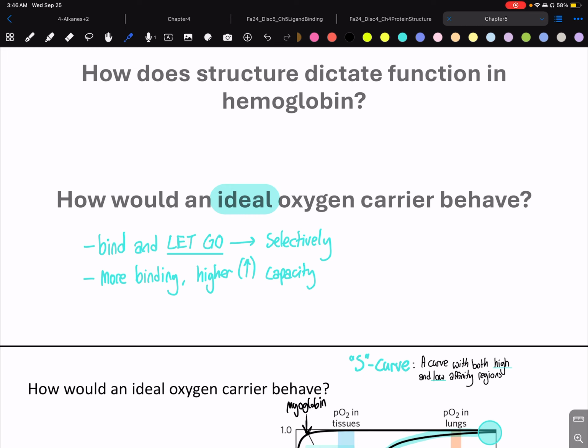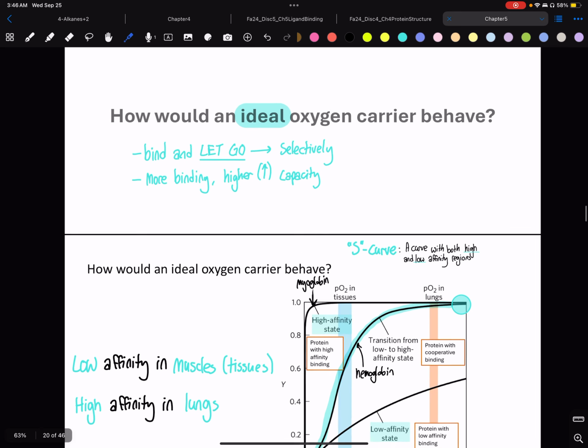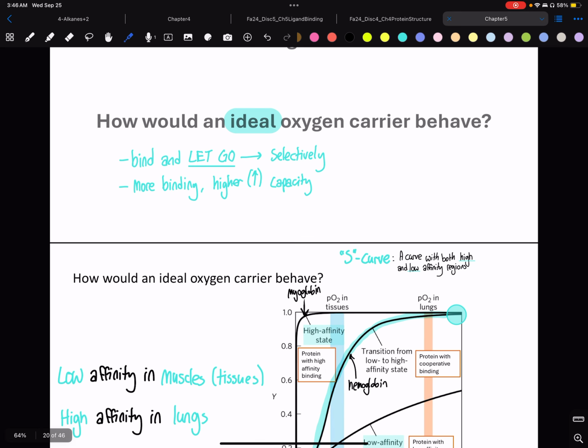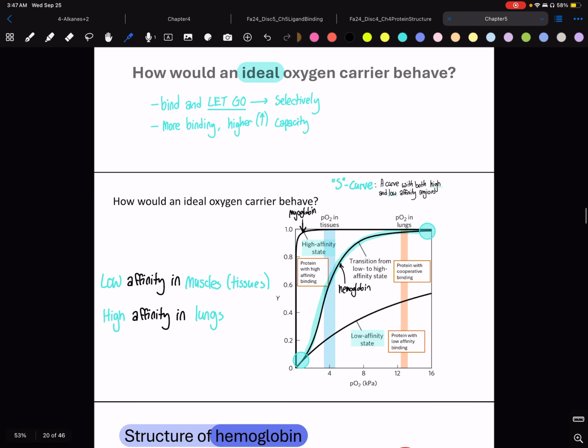And also, hemoglobin binds more O2, so it has a higher O2 carrying capacity than myoglobin, which is good because it's a transporter and you want to carry more. Your UPS truck, USPS, or whatever delivery service truck, you want it to carry as many packages as possible so it can get around.